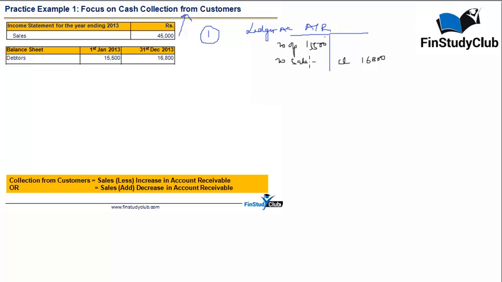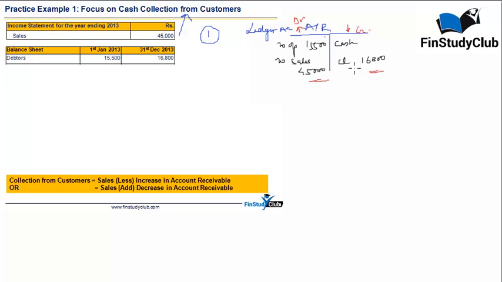You have sold to the same people worth rupees 45,000, and your cash collection is the balancing figure on the credit side. There are 2 sides, debit and credit. Account receivable, when increased, is debited, and when decreased is credited. These are simple rules of commerce.